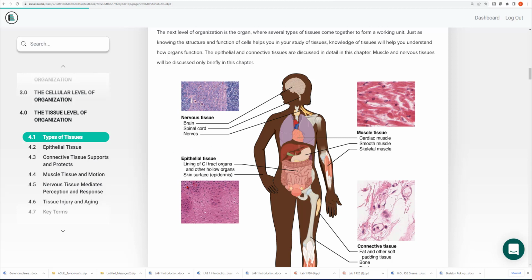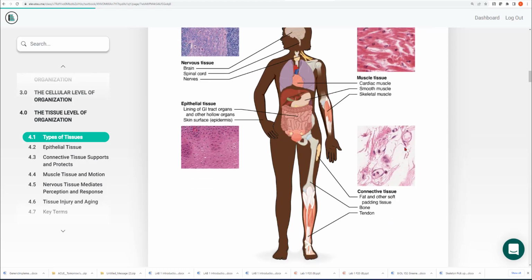So epithelial tissues, again, cover your body, cover your internal organs, line your body cavities, and your glands are primarily epithelial. Connective tissues, you know from lab, include fat, bone, cartilage, tendons, ligaments, blood, and this other weird thing called dense and loose connective tissue.